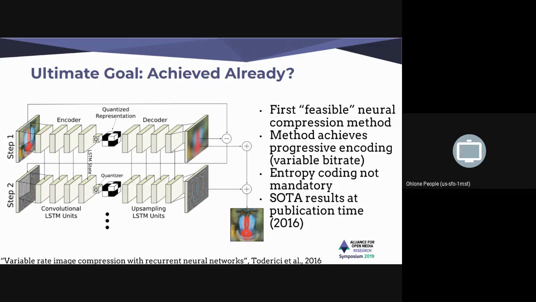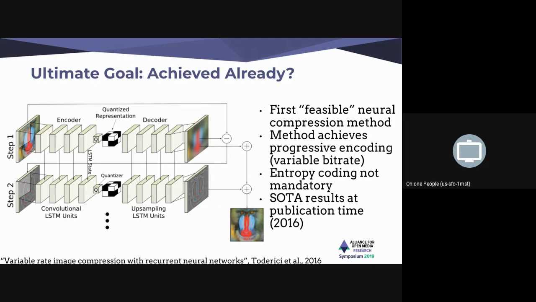And as you might know, arithmetic coding is pretty hard to replace because it's a very compression-specific method. Whereas this paper's purpose was to take the entire compression framework and replace it with a single recurrent neural network that would learn how to achieve actual compression, how to minimize bitrate by itself.